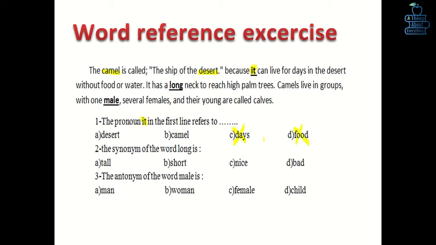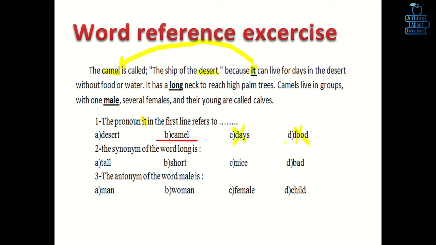We didn't see food. So let's read again. "The camel is called the ship of the desert because it can live for days." Nice. So here we are talking about the ship of the desert, and here we are talking about the camel. So all the saying is about the camel. So "it" refers to camel, and this is the correct answer.